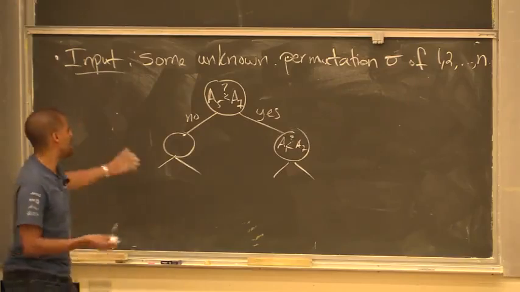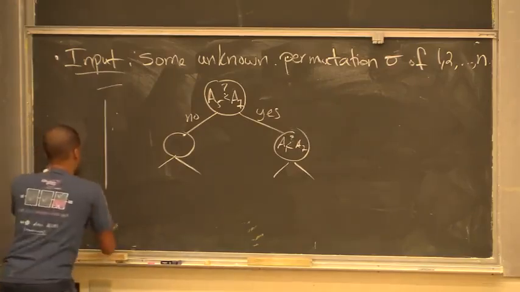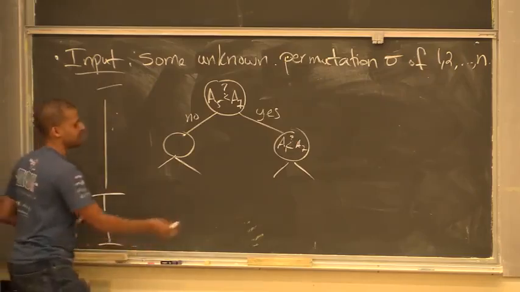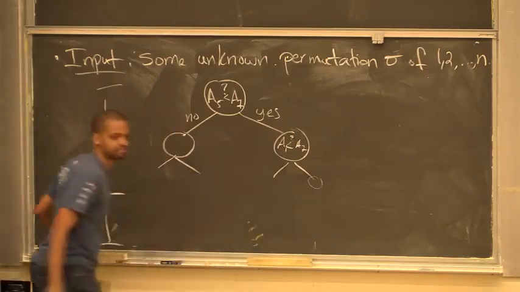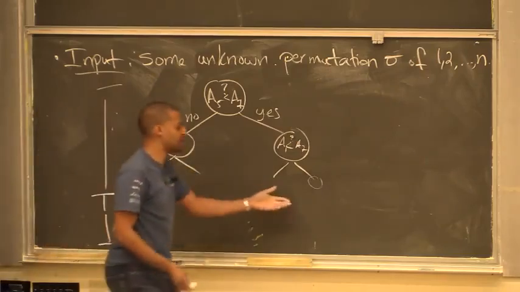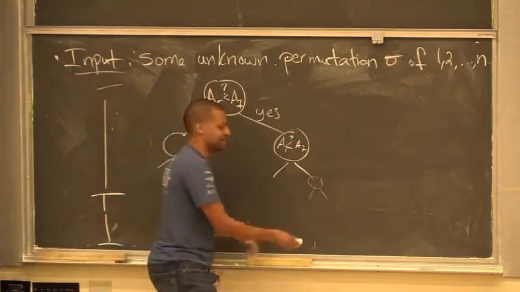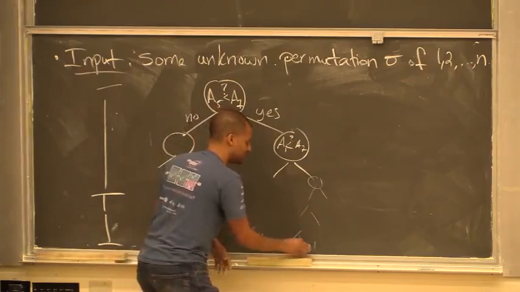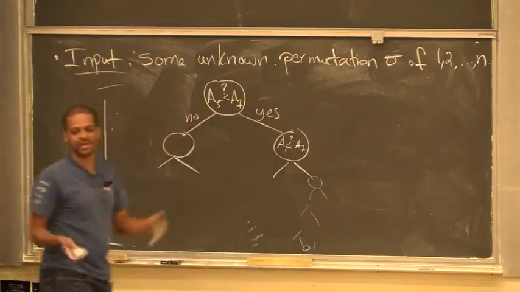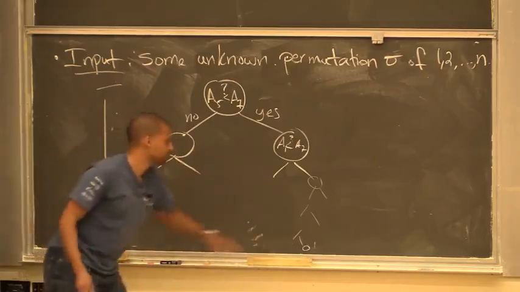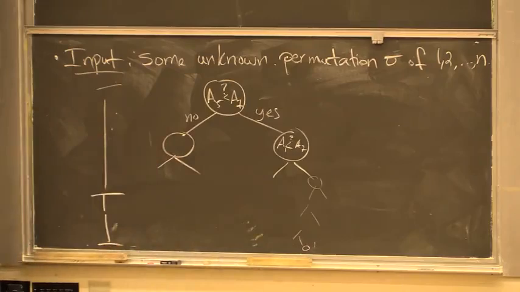Because let's say the maximum depth in this tree is t. If there's any leaf that's higher than t, I'll just modify the algorithm to keep making dummy questions until it's at depth t. It already knows the answer, but let it keep asking dummy questions and get down to t.